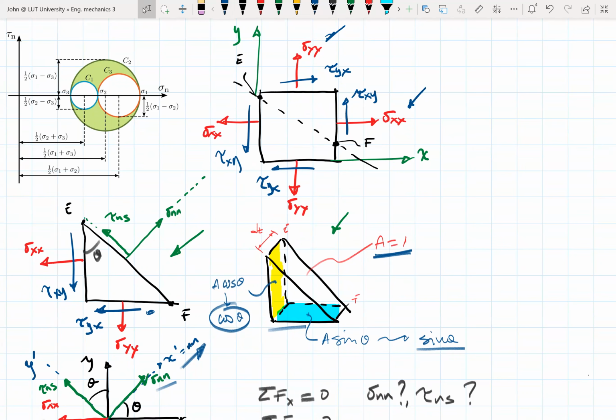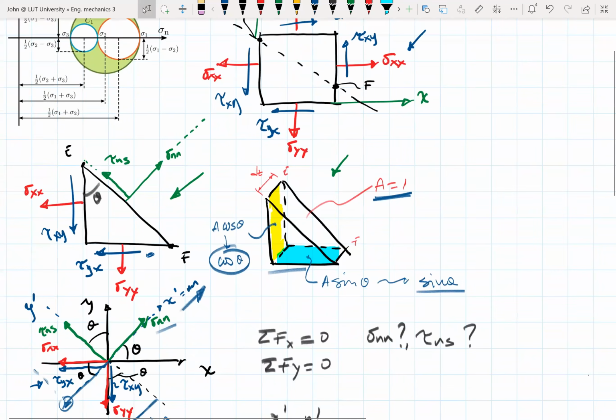Then I started to build this 3-dimensional case of the Mohr Circle. I started with the planar case, and the interesting case there is to find the normal and shear stress on an inclined plane, and that's what we have done here.